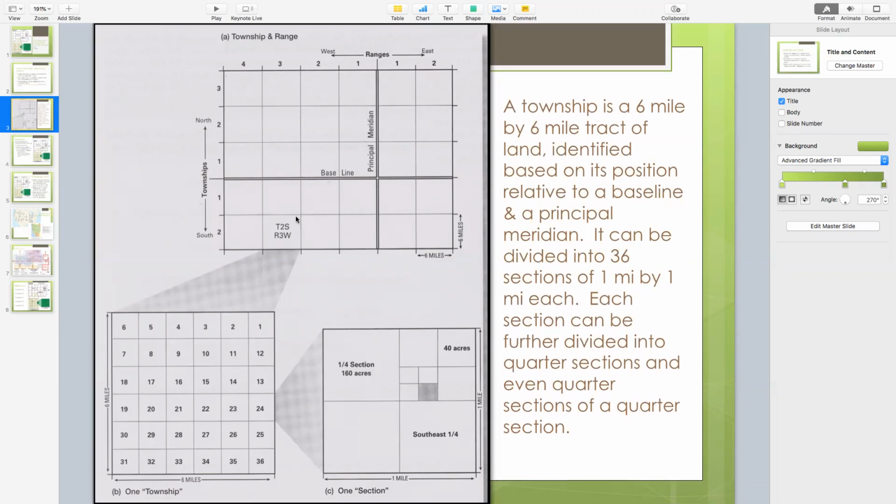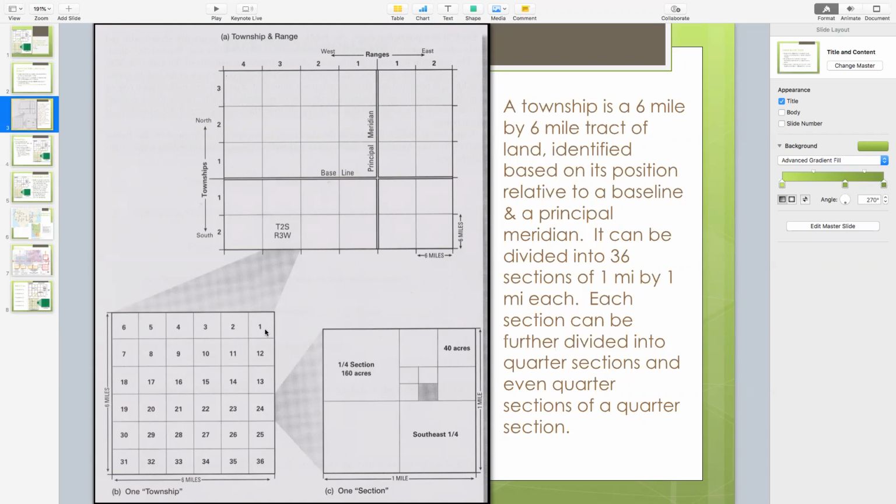Again, this township is a 6 by 6 mile tract of land, which is a fairly large area. So we divide it into 36 1-mile sections.